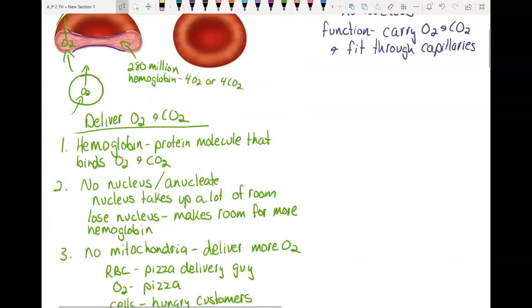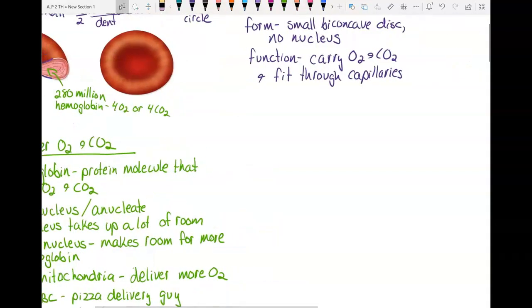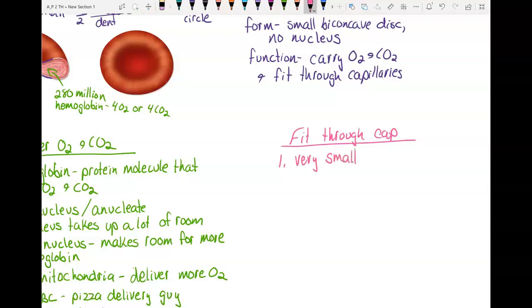Okay. Our other function is that they have to fit through capillaries. So let's look at how they fit through capillaries. For one, they are very small. We mentioned this before.